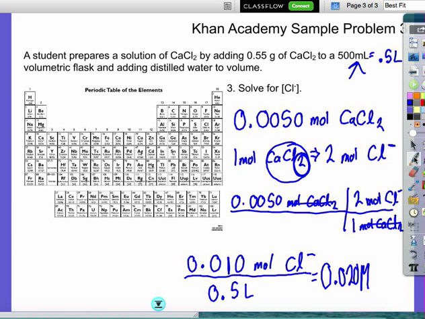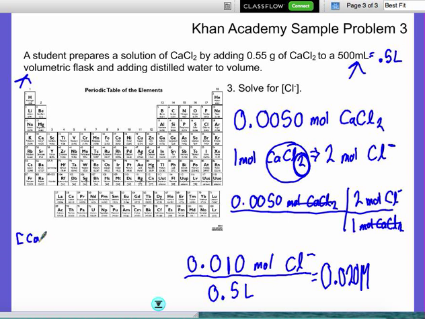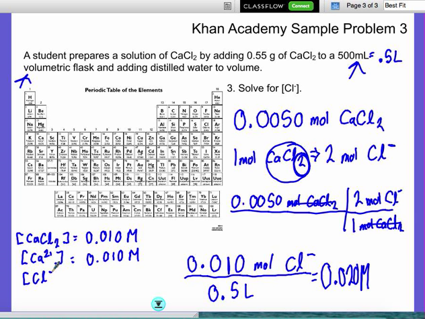So in order to sum up, in this problem, our concentration of CaCl2 was equal to 0.010 molar, which means that our concentration of calcium ions was also equal to 0.010 molar, and our concentration of chlorine minus would be double that at 0.020 molar.